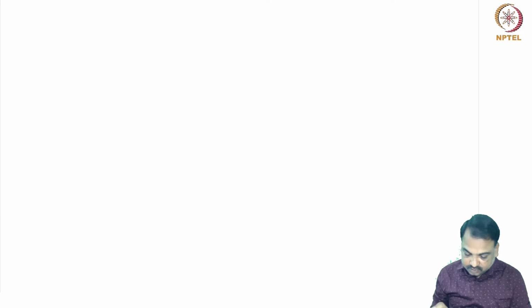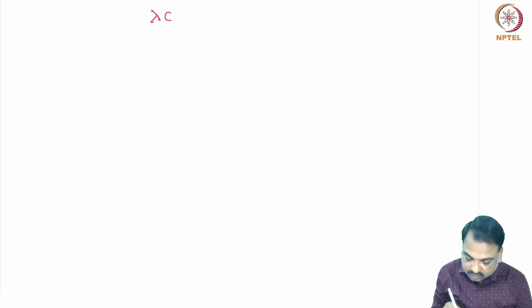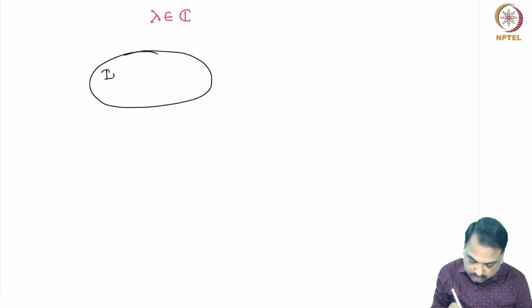So let us try to draw a diagram where we can understand this concept. Let us start by asking the question. We are starting with lambda in C. The first question we ask is, is T lambda 1 to 1?